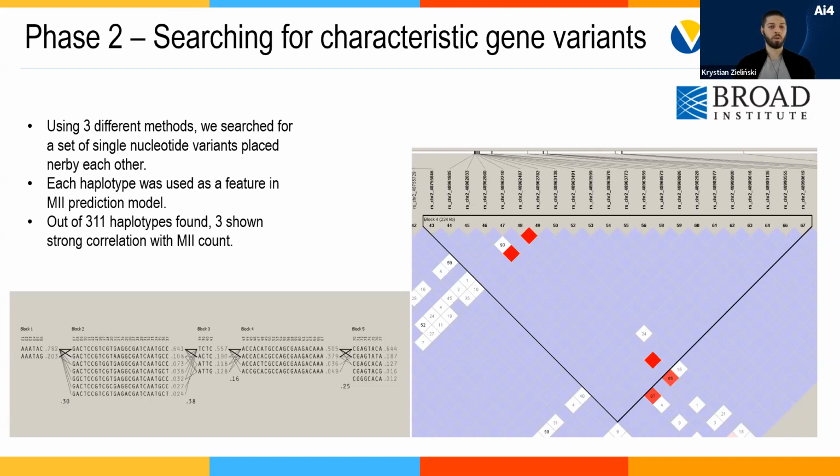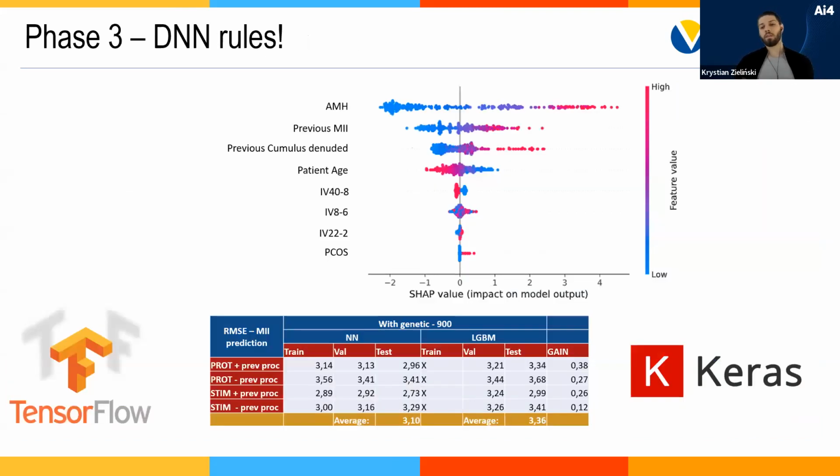Thanks to this approach, we found 3 different haplotypes, which also had strong correlation with M2 count. So we added this data to our data set and checked if the model would predict the number of M2s with better accuracy. And that was actually the case.